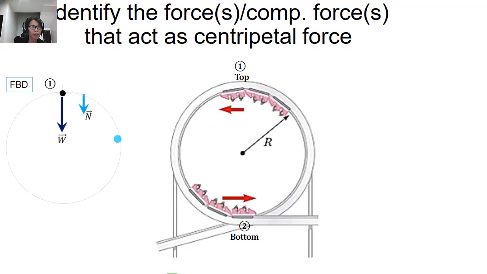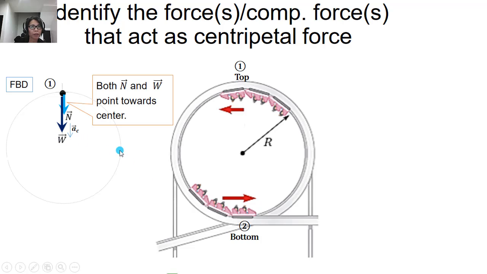At the top positions, I can see obviously both the weight and normal force point in directions towards the center of the circle. So both are treated as positive. So the summation of force along the y-axis is the centripetal force. So we have N plus W equal to centripetal force mv squared over r.